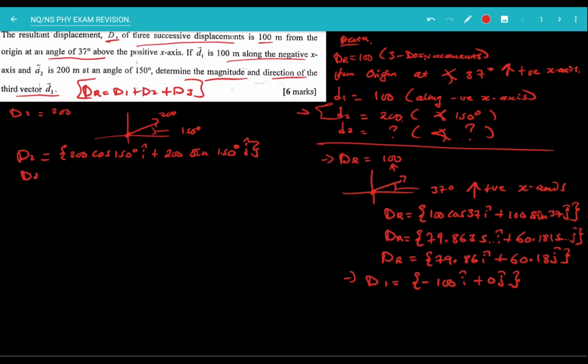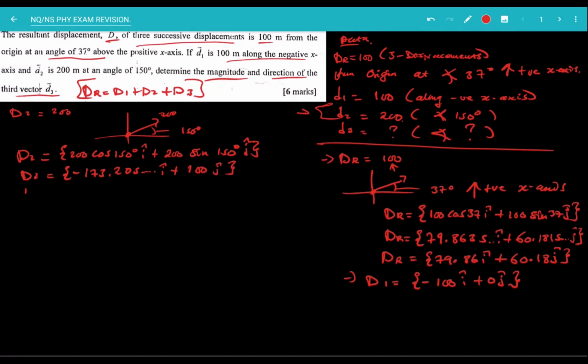So d2 will be equivalent to minus 173.205 in the i, plus 200 times sine 150, which gives 100, in the j.